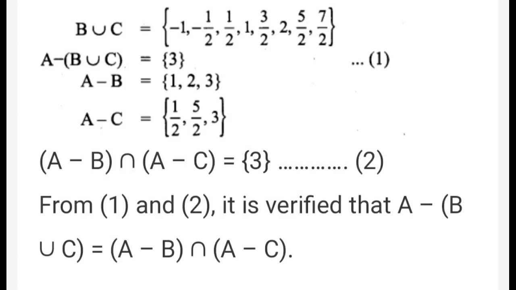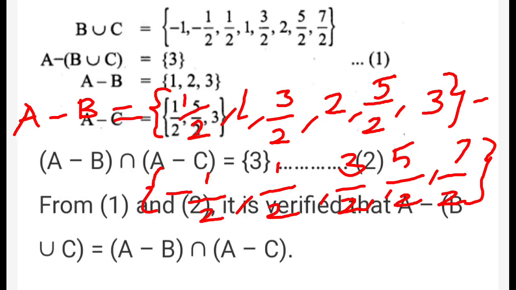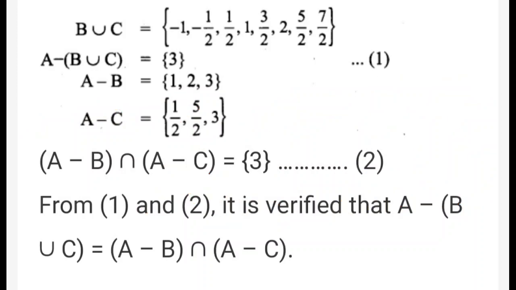Then right hand side, A minus B is equal to {1 by 2, 1, 3 by 2, 2, 5 by 2, 3} minus {minus 1 by 2, 1 by 2, 3 by 2, 5 by 2, 7 by 2}. Here only in A, not in B. Therefore, A minus B is equal to {1, 2, 3}.